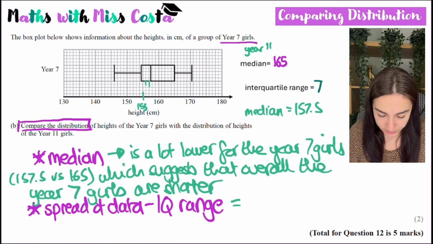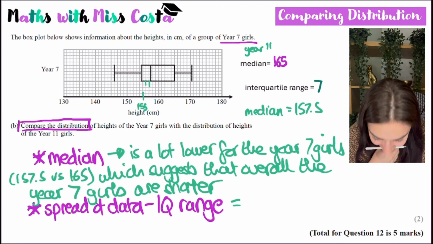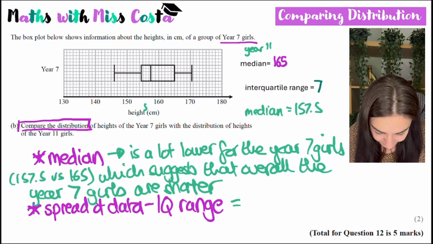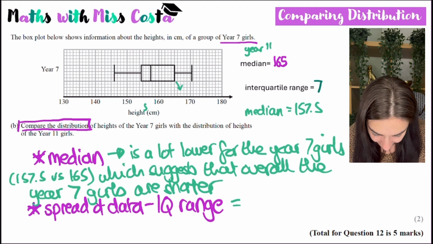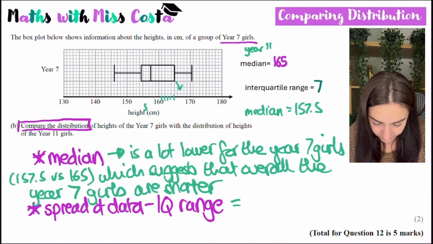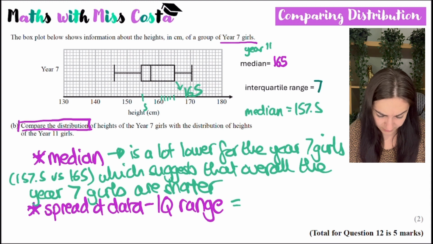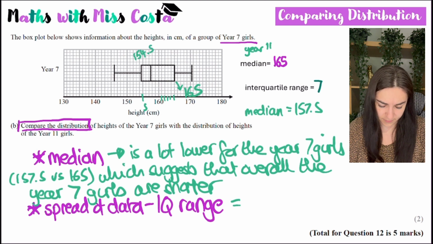So the interquartile range, well, this is not a very nice box plot. So let's do the upper value first. That would be 160, 1, 2, 3, 4, 5. Okay, 165, and the lower value would be 155, take away 1, so 154.5.